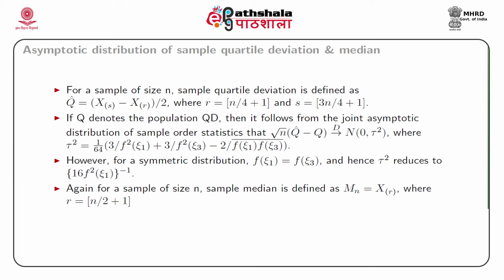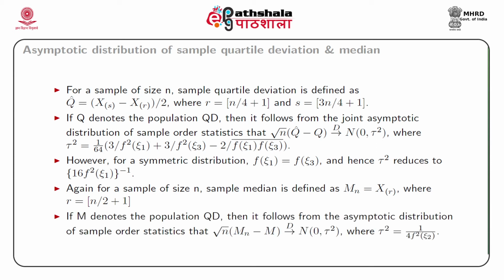So, if m denotes the population median, then it follows from the asymptotic distribution of sample order statistics that square root of n times mn minus m, that is the large sample distribution of mn, is again normal with mean m and asymptotic variance tau square, where tau square is nothing but 1 by 4 times f square xi2, where xi2 is the population second quantile.